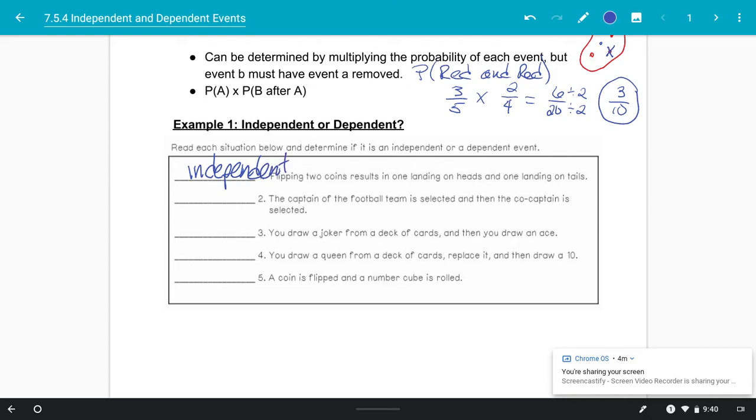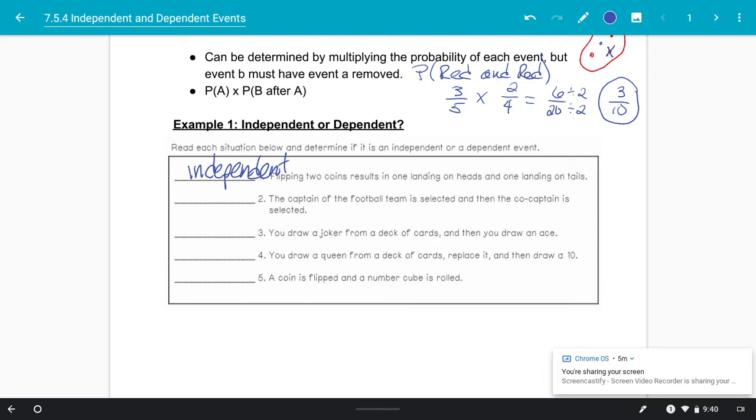All right, number 2. The captain of the football team is selected, and then the co-captain is selected. Again, put yourself in the position of the coach here. You have a selection of people that you're going to pick to be either captain or co-captain. The probability of selecting someone to be captain, and we're going to assume that there's some randomness here, not necessarily based on how long they've been on the team or skill level, but if we were to just randomly pick a player out of a hat, we would pick one out of however many people we're picking from.